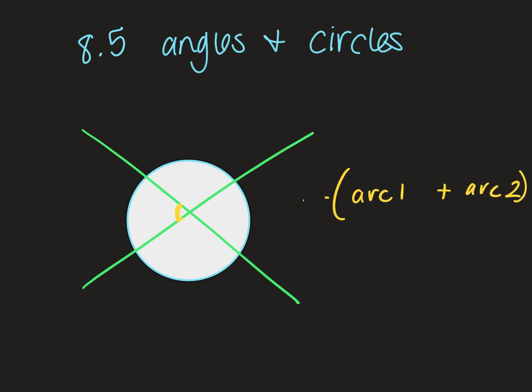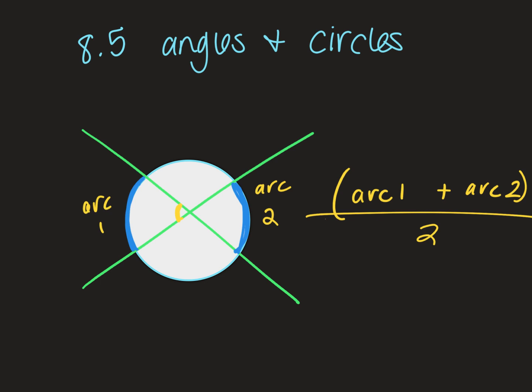So you add those two and then divide it by 2. So we'll say this is arc 1, this is arc 2. All right, so again, that's if the lines intersect inside the circle. The angle measures half the sum of the two arcs.